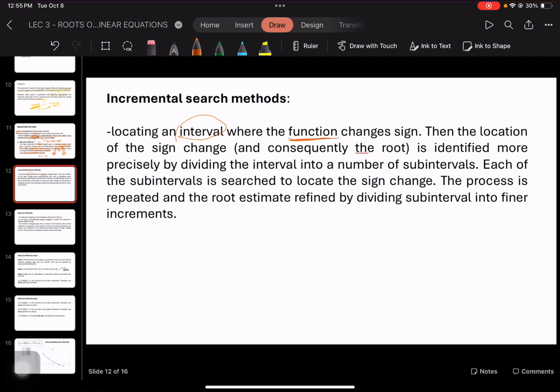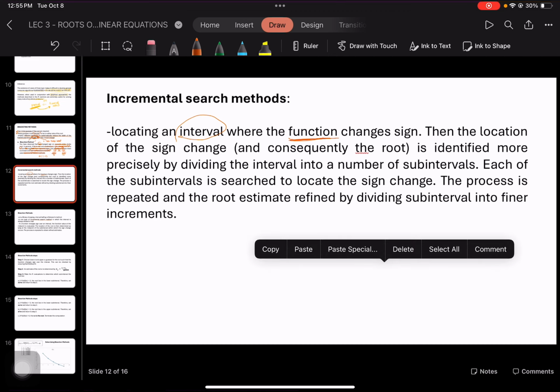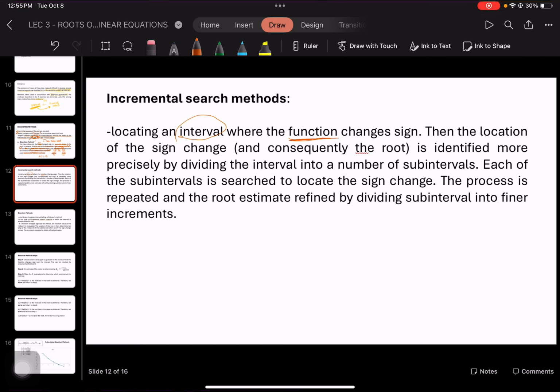Then the location of the sign change is identified more precisely by dividing the interval into a number of subintervals. Each of these subintervals is searched to locate the sign change. The process is repeated and the root estimate refined by dividing subintervals into finer increments.